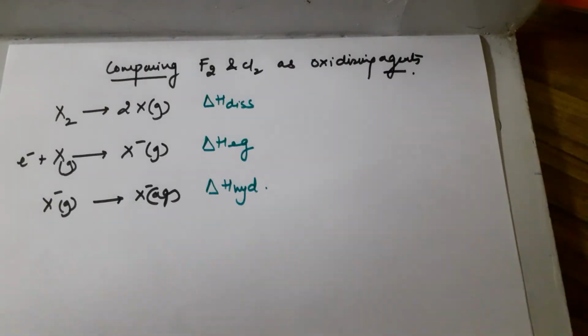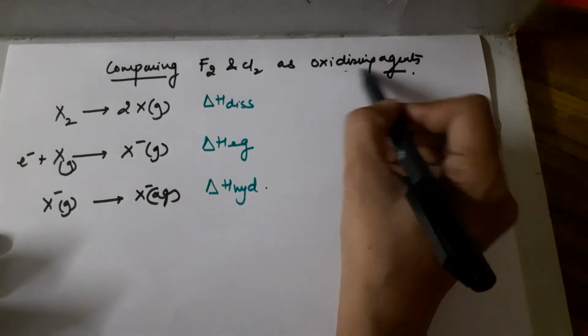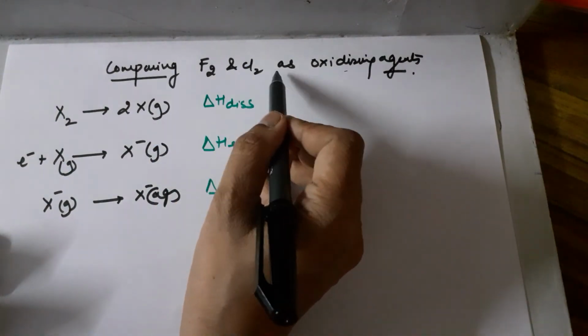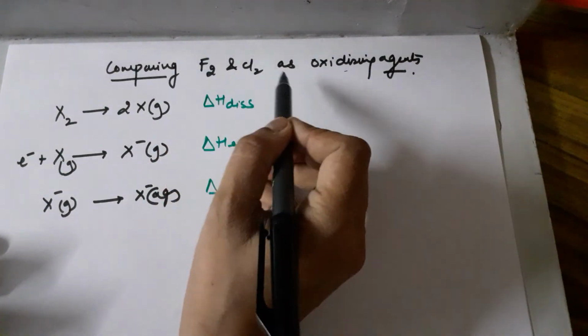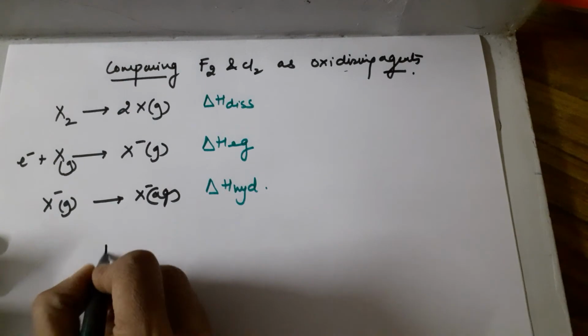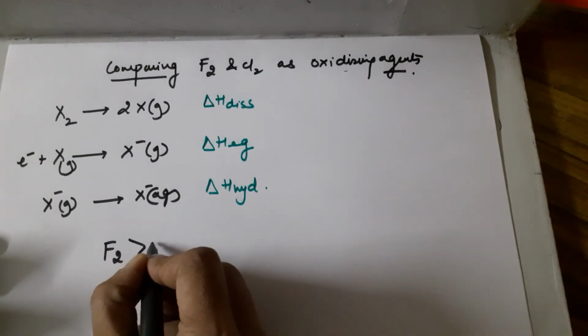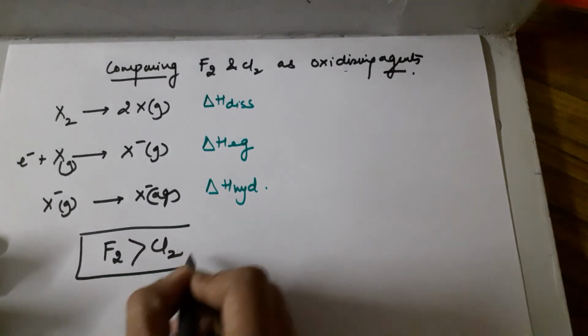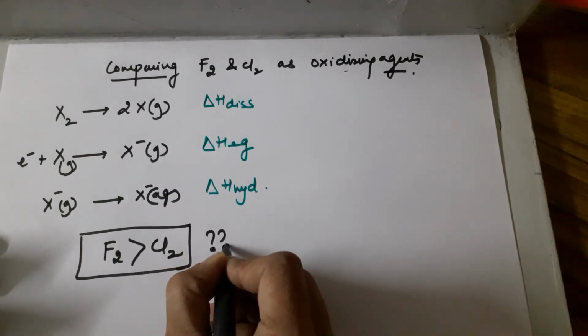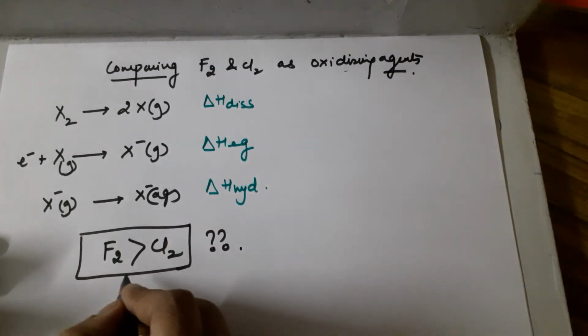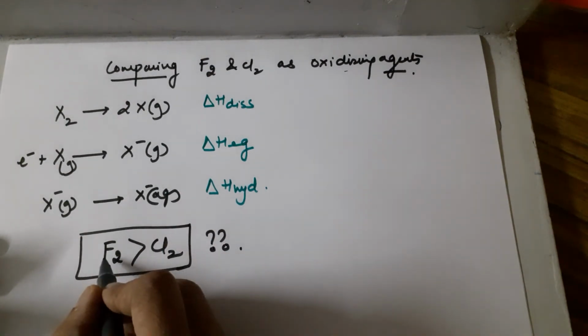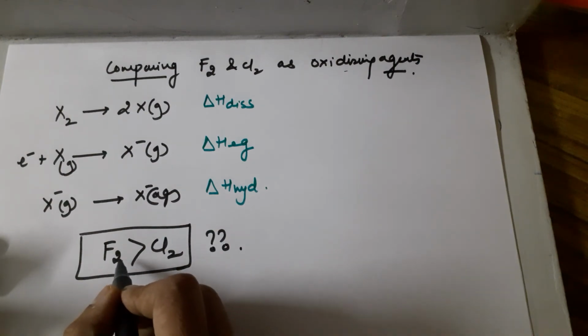Fine. Let's compare the oxidizing agent property of chlorine and fluorine. Now we expect oxidizing agent property. The answer that we have is fluorine is a better oxidizing agent than chlorine, and the question is why, despite the fact that electron gain is faster in case of chlorine than in fluorine, as discussed in electron gain enthalpy.